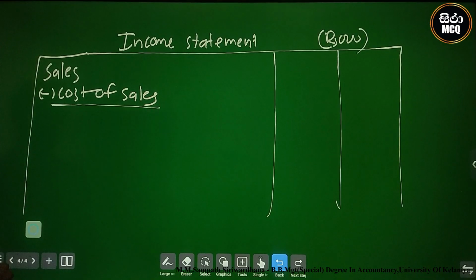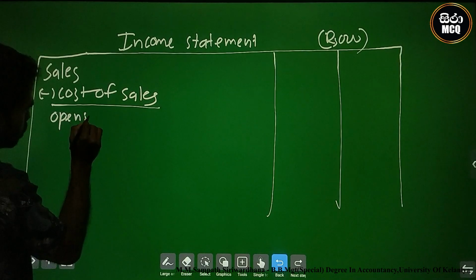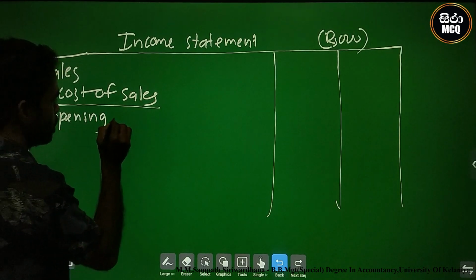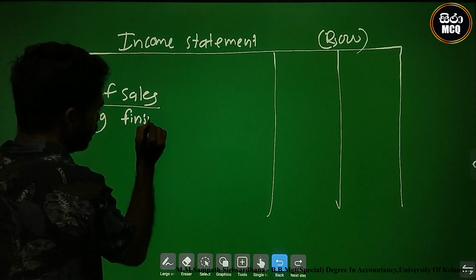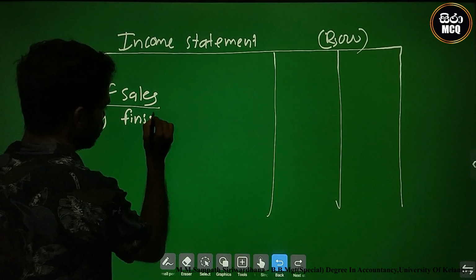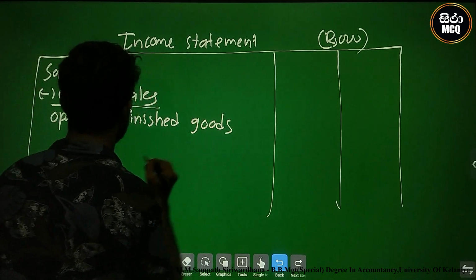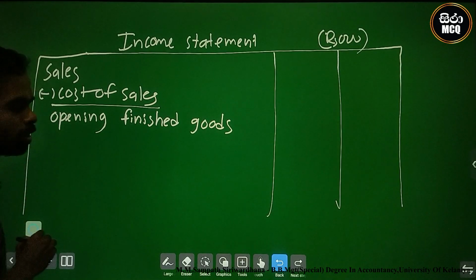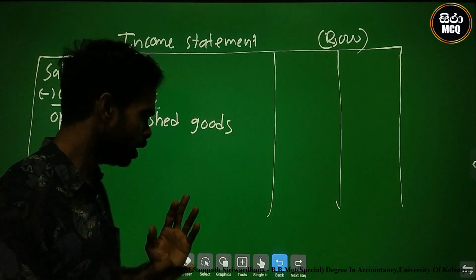In the cost of sales calculation, we must firstly add the opening, which one? Finished goods. Opening finished goods plus which one? The total production cost of the manufacturing department.